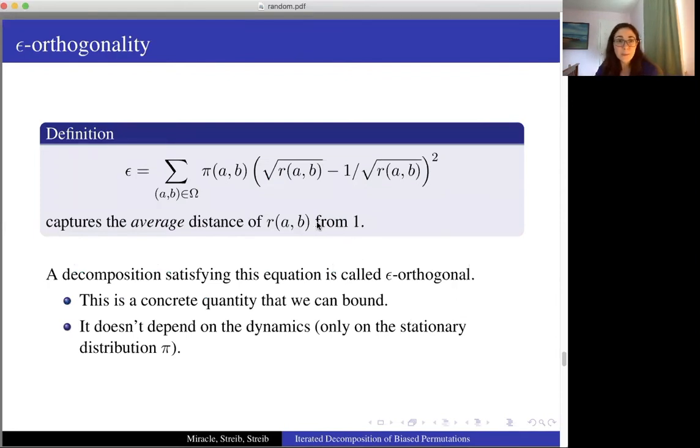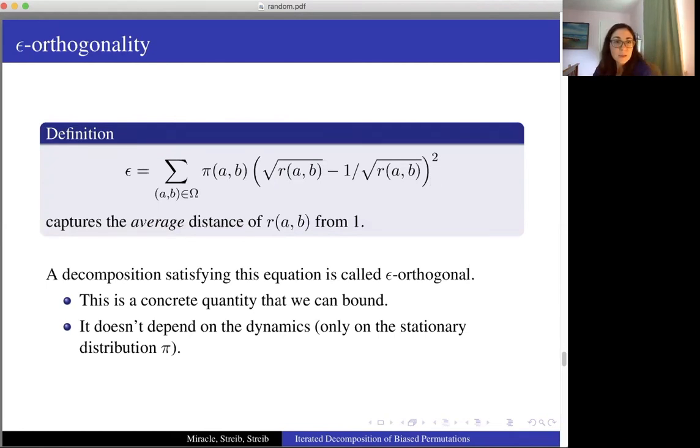So what do we mean by R of AB being close to 1 on average? We define this quantity epsilon, which takes the weighted average over all pairs A and B. So we're weighting it by its probability of this quantity: the square root of R of AB minus 1 over the square root of R of AB, squared.